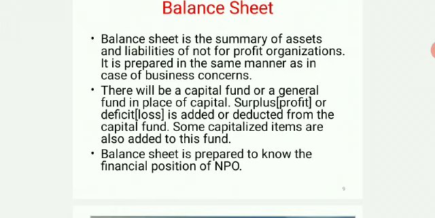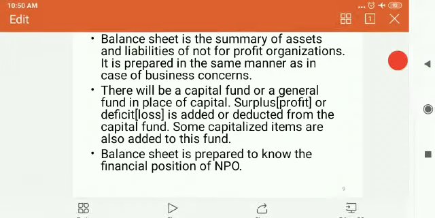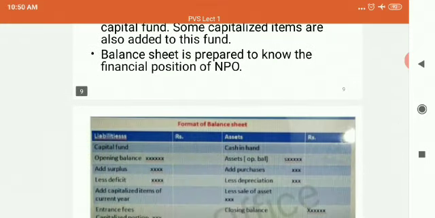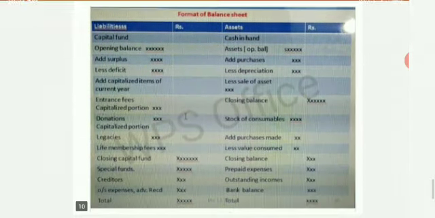Surplus, that is the profit, or deficit, that is the loss, is to be added to or deducted from the capital fund. Some capitalized items are also added to this fund. The balance sheet is prepared to know the financial position of the not-for-profit organization.